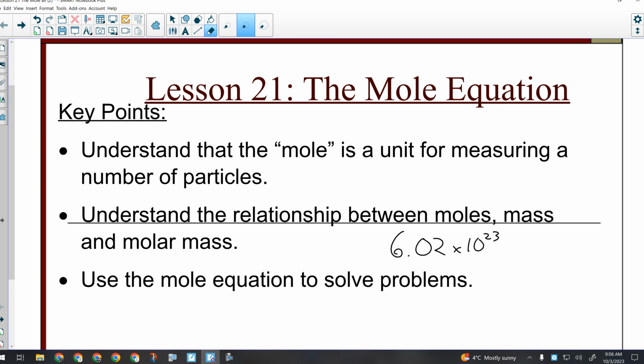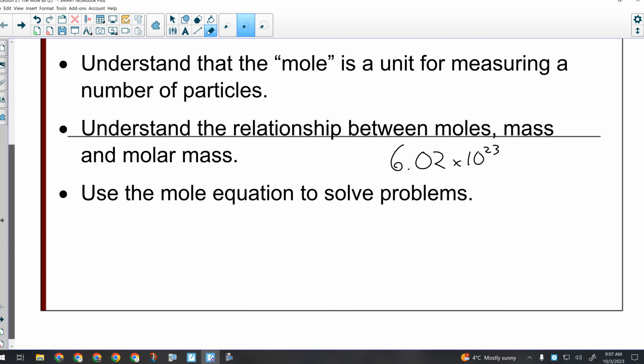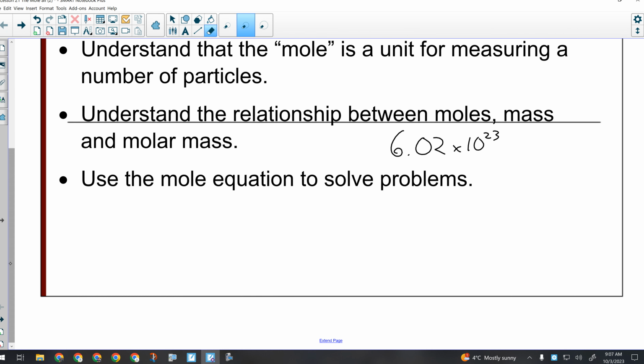All right? Okay. Now, we will eventually have to get to using the mole equation to solve problems. That is going to involve algebra. This is the mole equation. n equals little m over big M. Because, you know, chemists have to be difficult.